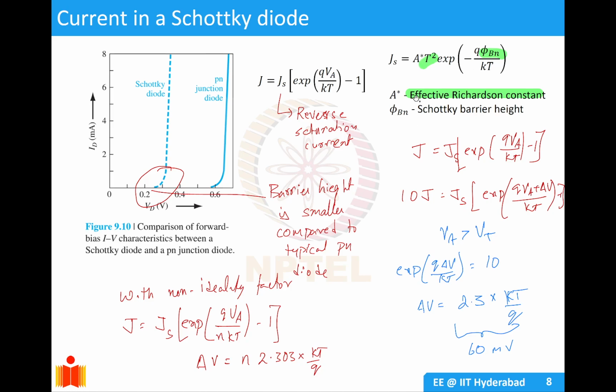A star is known as the effective Richardson constant, which will be given to you. You don't have to calculate this. And phi Bn is your Schottky barrier height. So you can see here Js has a high dependence on T square.